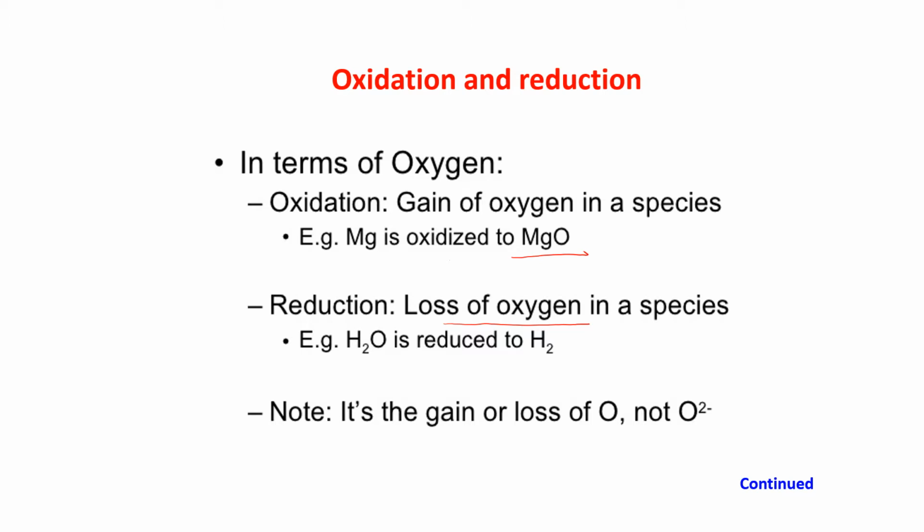H2O is reduced to H2. That means oxygen is removed. So what we can see is that O is added and O is removed. So it's the gain or loss of O, not O2 minus. Please remember that.